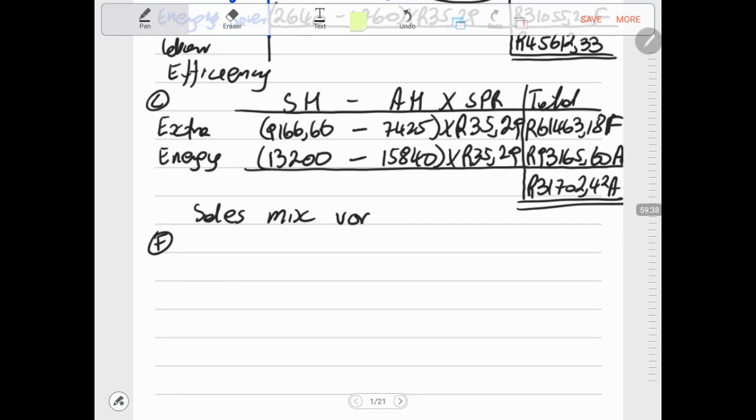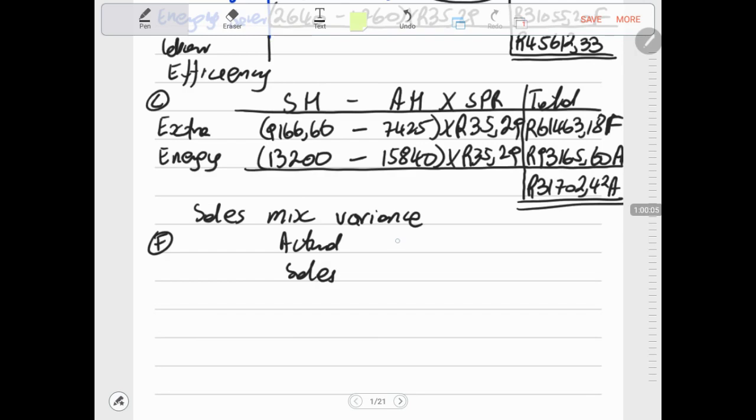In our sales mix variance, we focus on actual sales first. We start with the actual sales, then the actual sales portion according to the budgeted units.